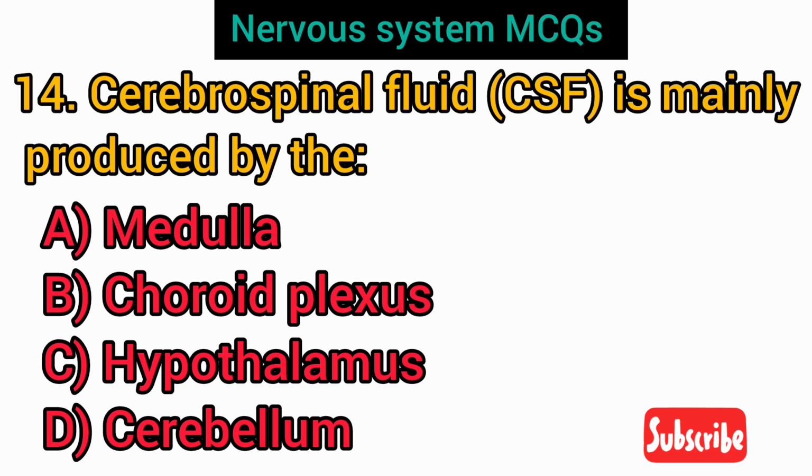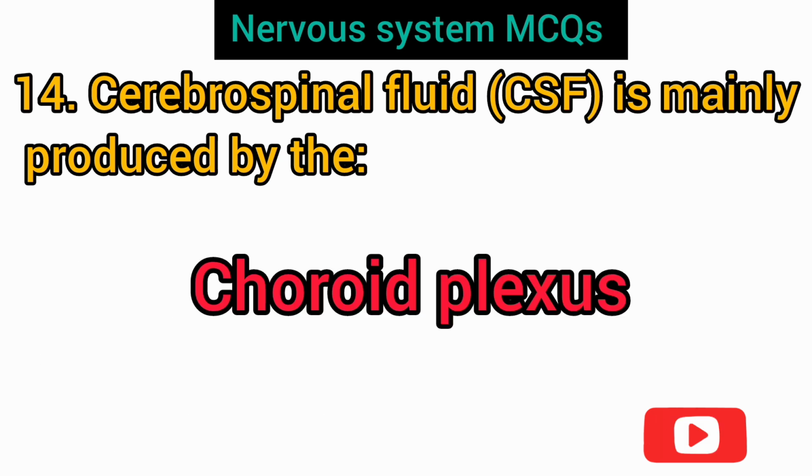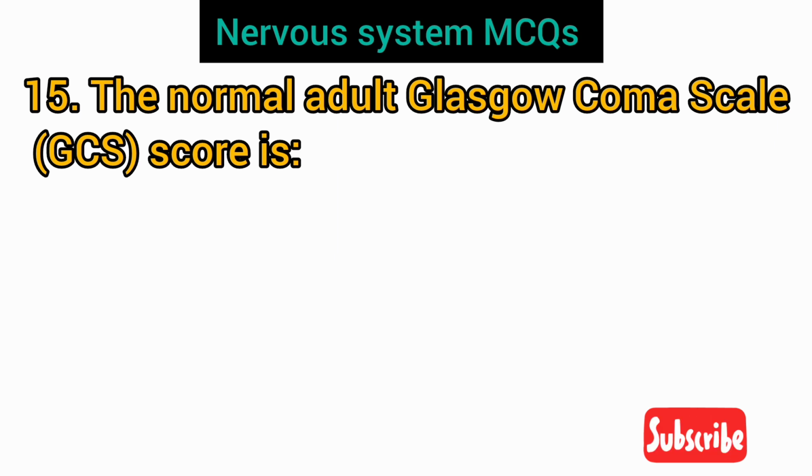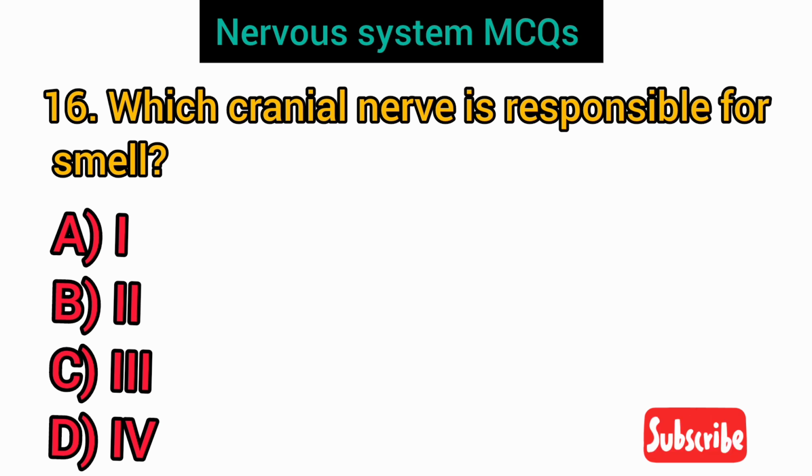Cerebrospinal fluid CSF is mainly produced by the choroid plexus. The normal adult Glasgow Coma Scale GCS score is 15. Which cranial nerve is responsible for smell?